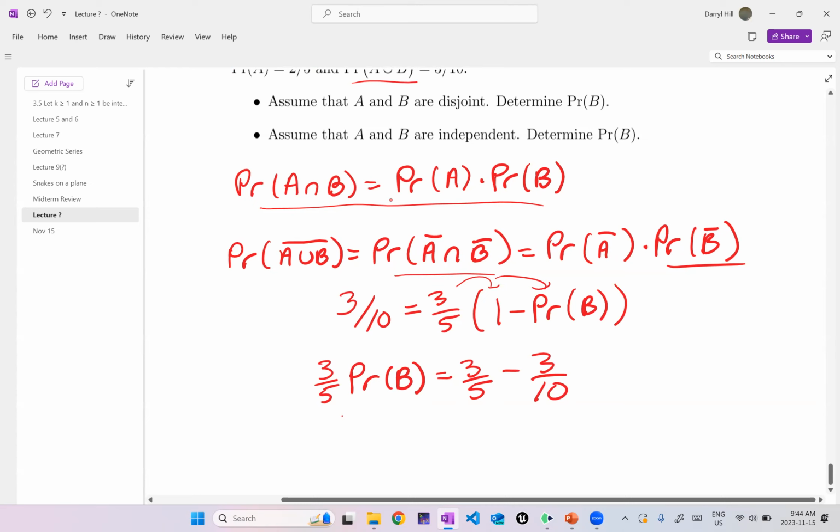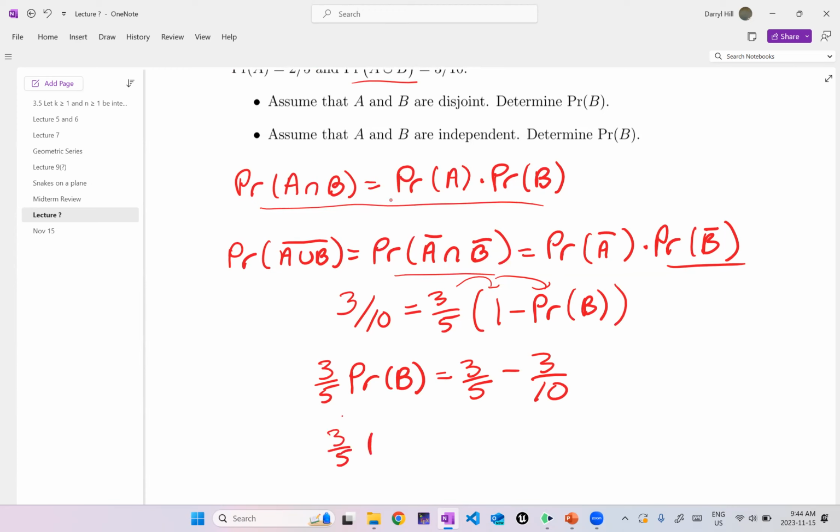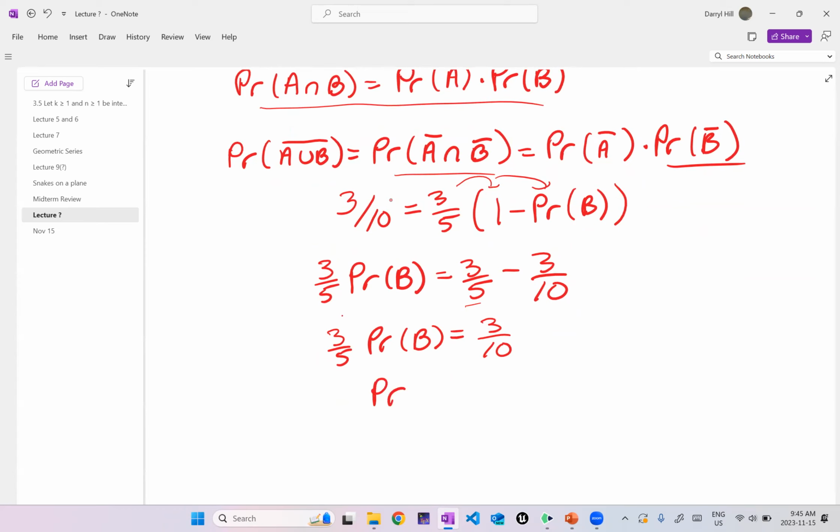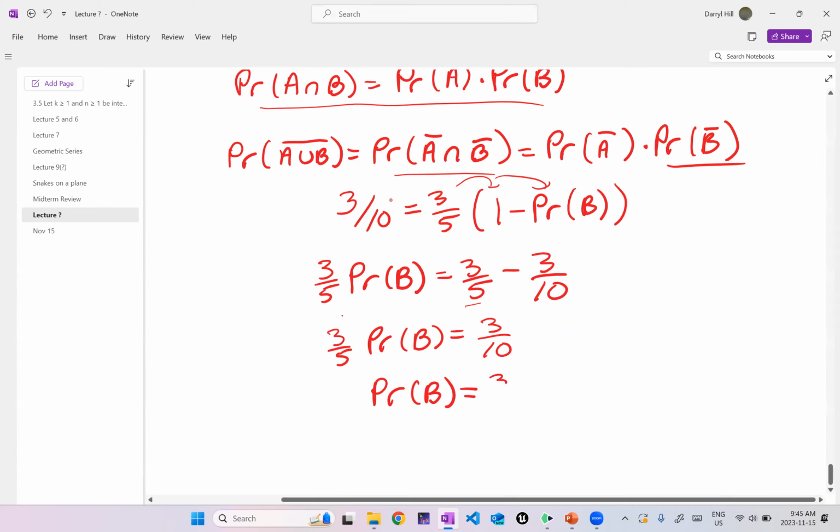And then 3/5 minus 3/10 is what, 6/10 minus 3/10. So 3/5 probability B equals 3/10. Right, so this is 6/10 minus 3/10, which is 3/10. And then probability of B, I can multiply both sides times 5/3.